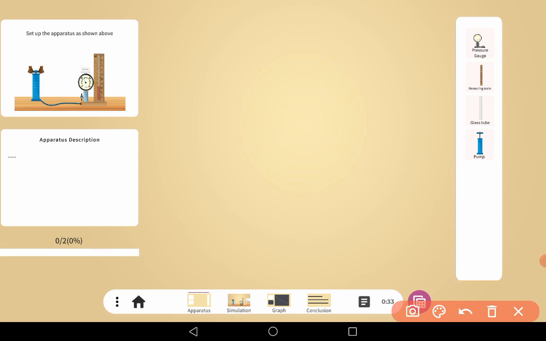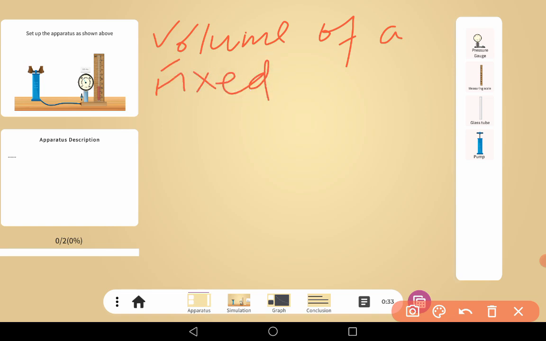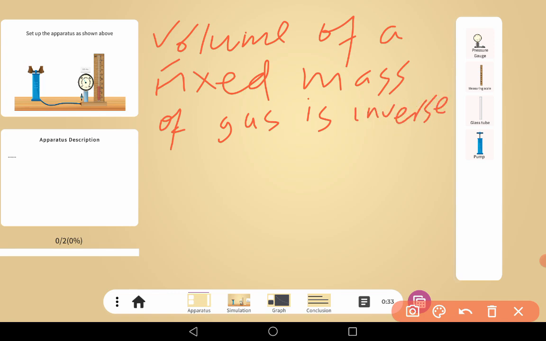It says the volume of a fixed mass of gas is inversely proportional to pressure.